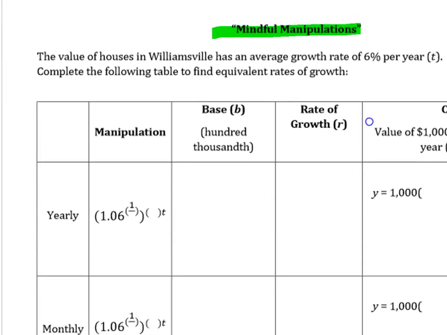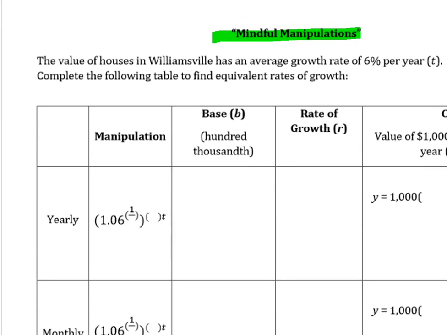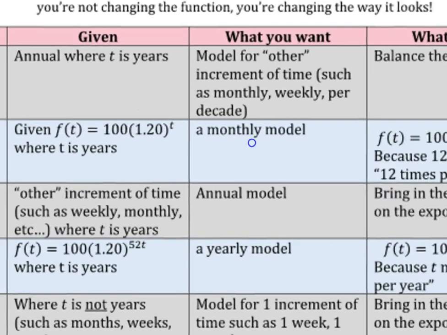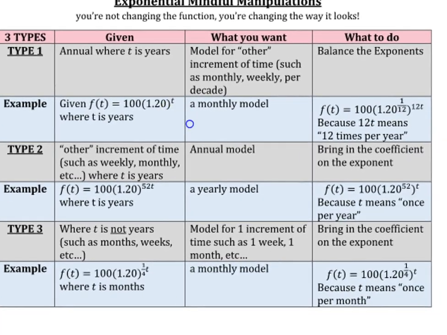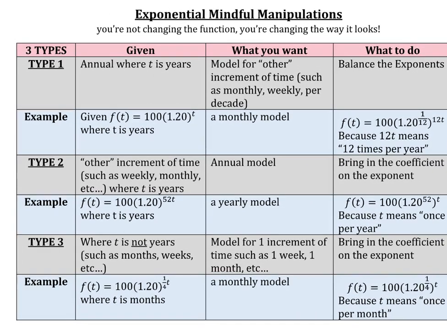So mindful manipulations, I'm actually going to switch over to that other sheet I showed you. That's this guy. I had made a table just comparing the different types. The first type is the one where we balance the exponent. So let's say I give you a function that's given in terms of t, where t is years. What this says is you had 100, let's say dollars, and you're growing at 20% per year.